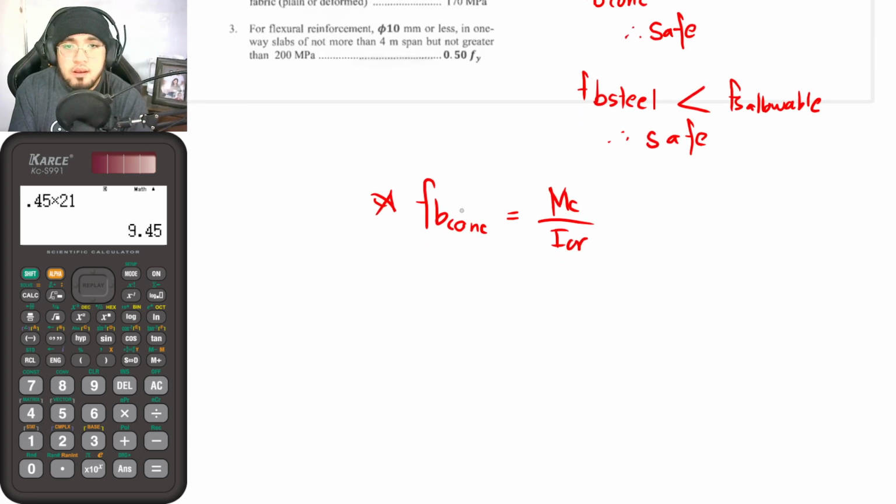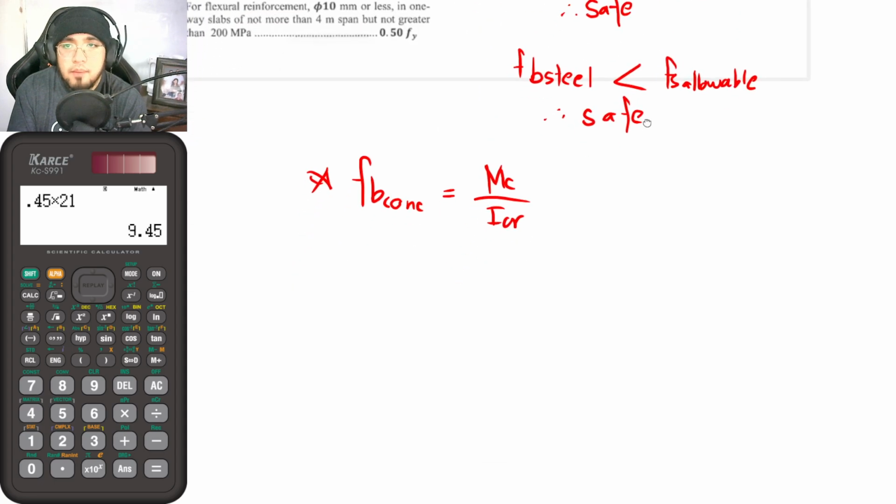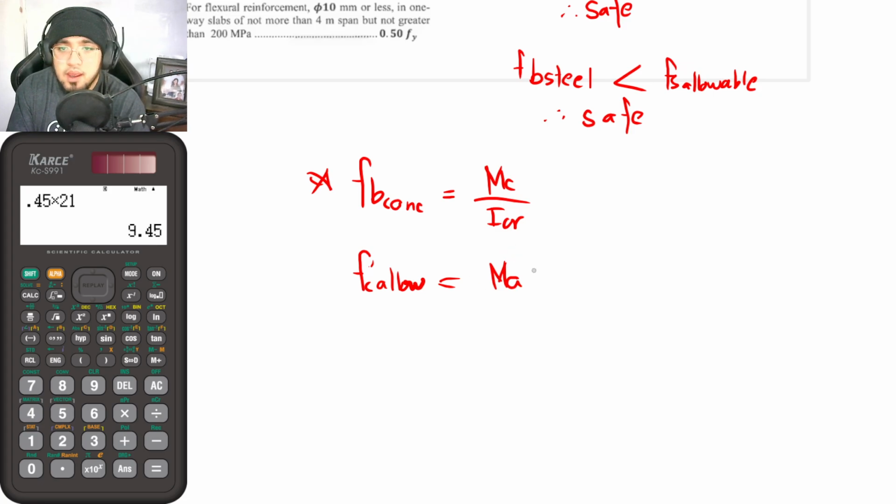So from that, let us change FB concrete to F prime C allowable. This is now equal to the maximum moment, so I would just name it as MA times C over ICR.